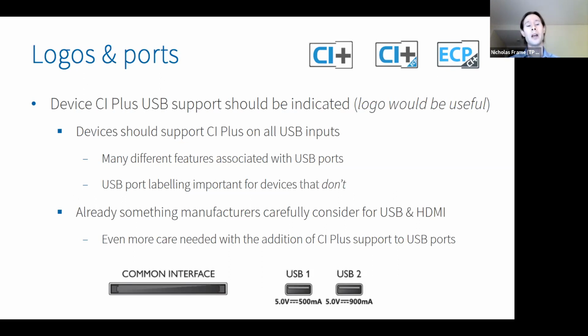Nevertheless, communicating at device level that a device supports it is important. Beyond that, a device should ideally support it on all of its USB inputs to avoid confusion for the user. If a device did not do that, then of course the port labeling becomes very important. It's already something that we as manufacturers have to deal with today for USB and HDMI, things like connecting certain mechanical hard drives that need more power.